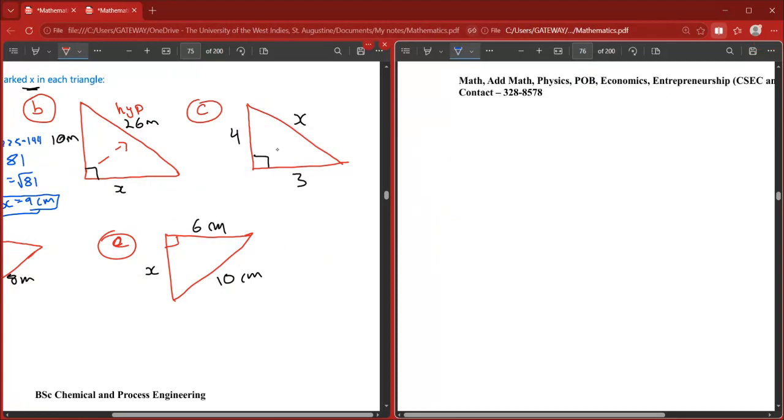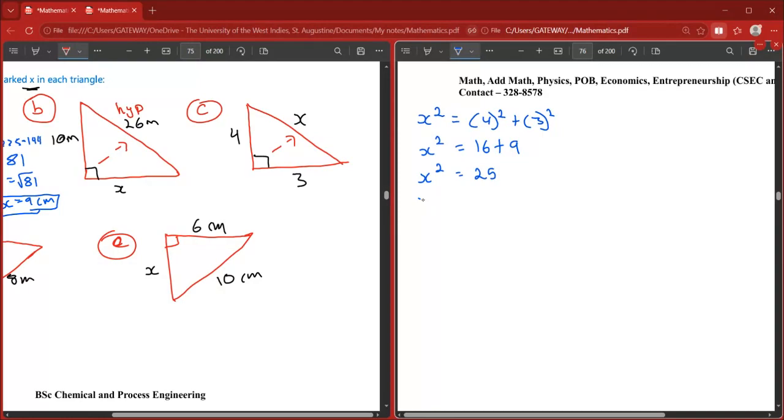Part C, the side opposite the 90 degrees will be x. So this will be x squared because x is the hypotenuse. x squared will be equal to 4 squared plus 3 squared. So x squared will be 16 plus 9, which is 25.